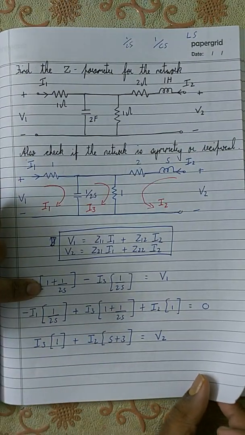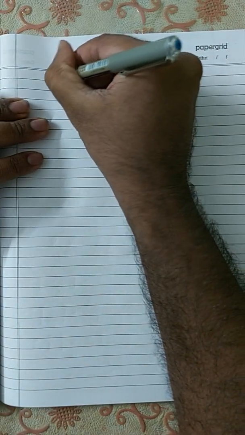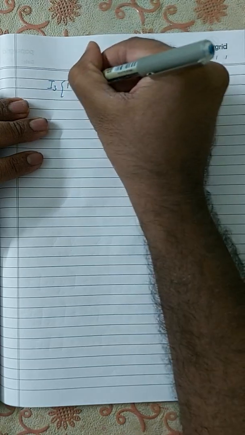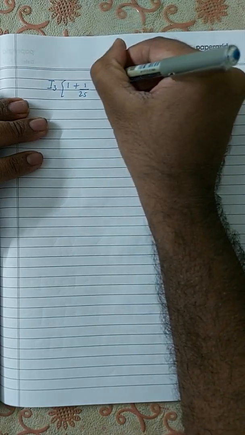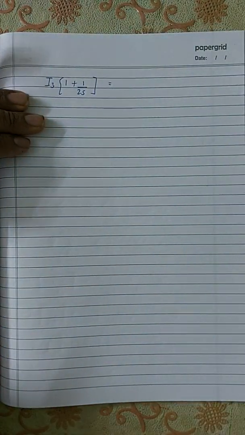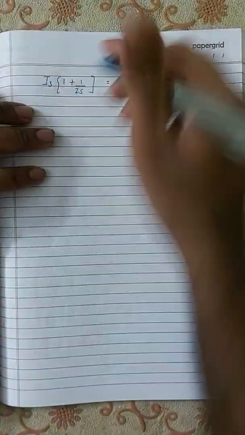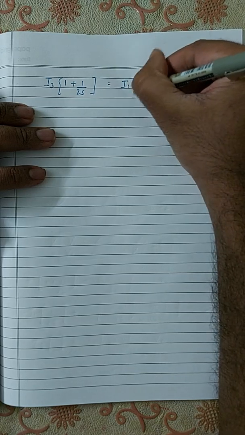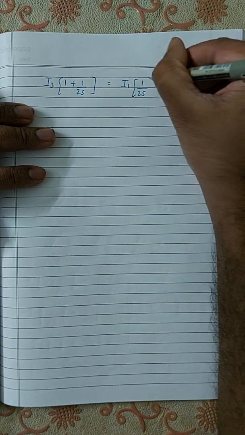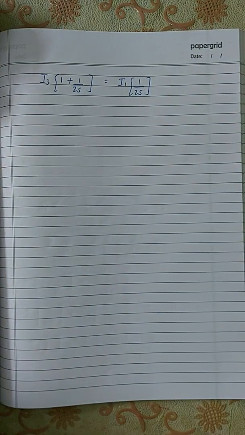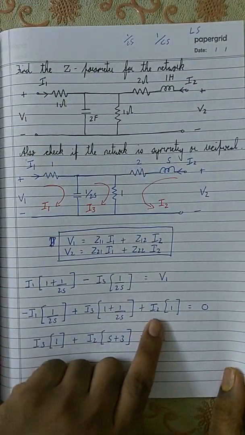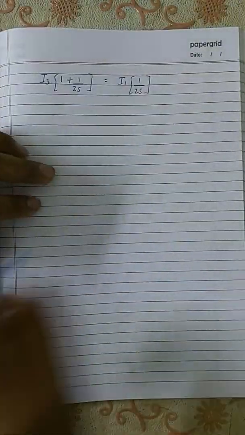In that case, the equation for I3 becomes I3 into 1 plus 1 by 2s is equal to, so if this thing comes over here, it becomes plus I1 by 2s, and over here it is plus I2, it becomes minus I2.